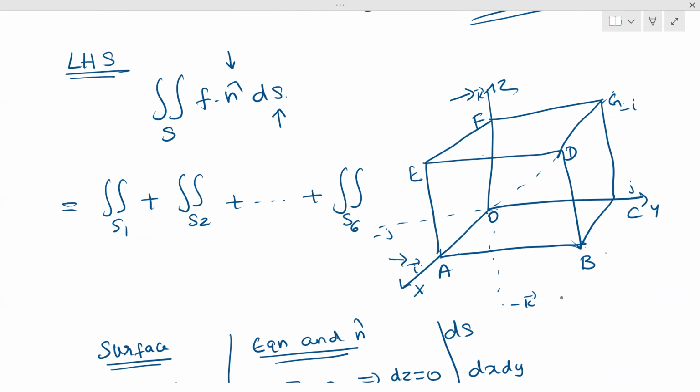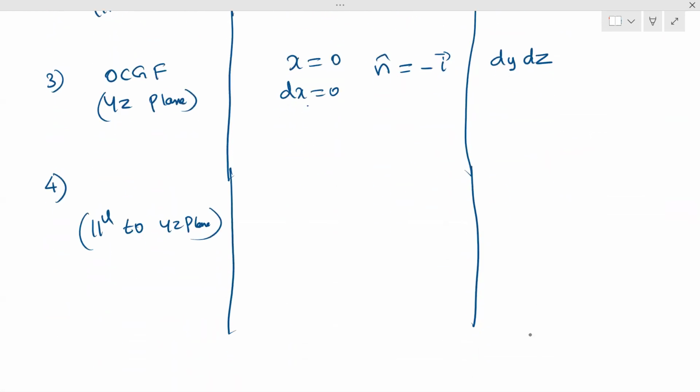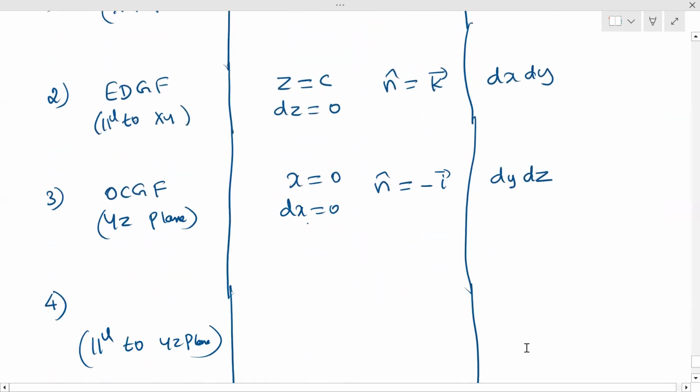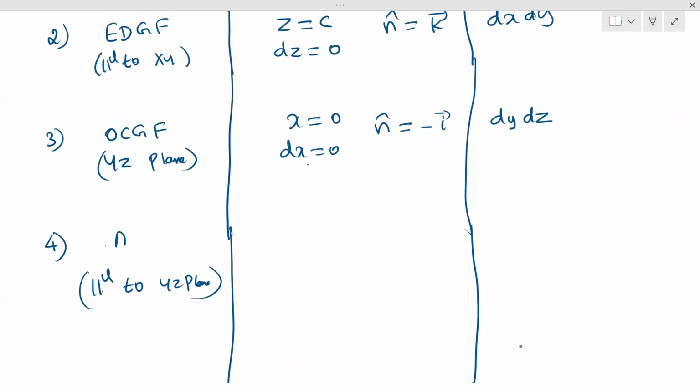Here the unit outward normal vector is i vector.